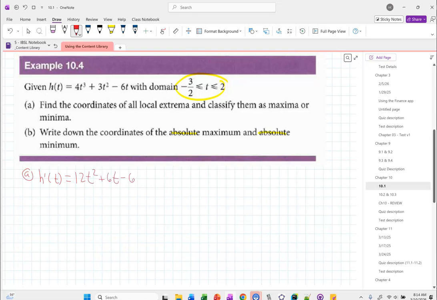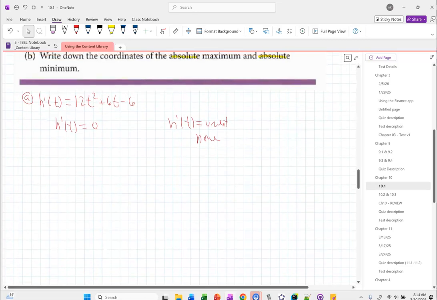Good. And then just like before, we'll set this equal to 0 and undefined. What values for t make this undefined? None. Why? Because it's a polynomial, right? Everybody's okay? Very nice.